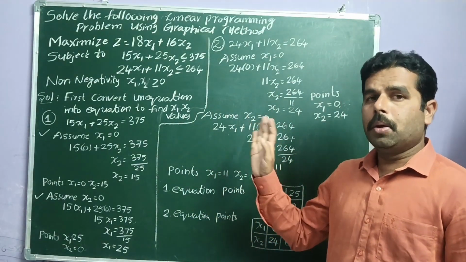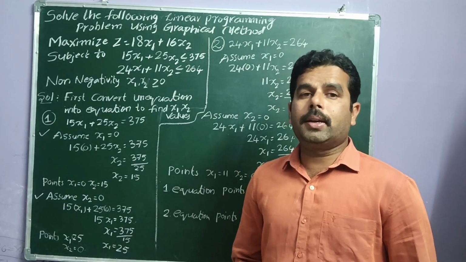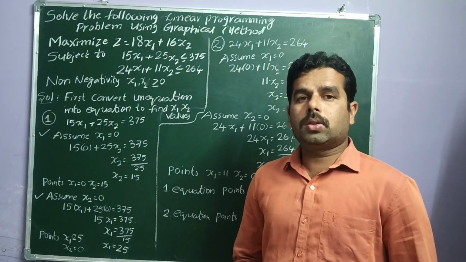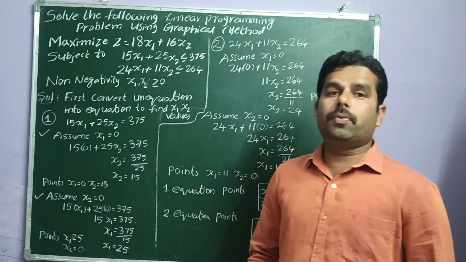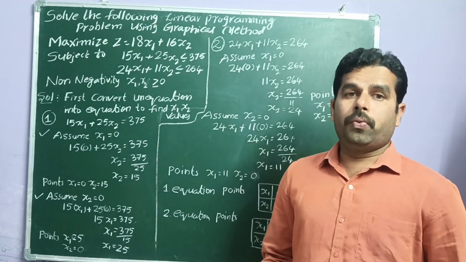After drawing the graph, we see the corner points. All those corner points will be put into the objective function. That is step number 3, calculation of the objective function.